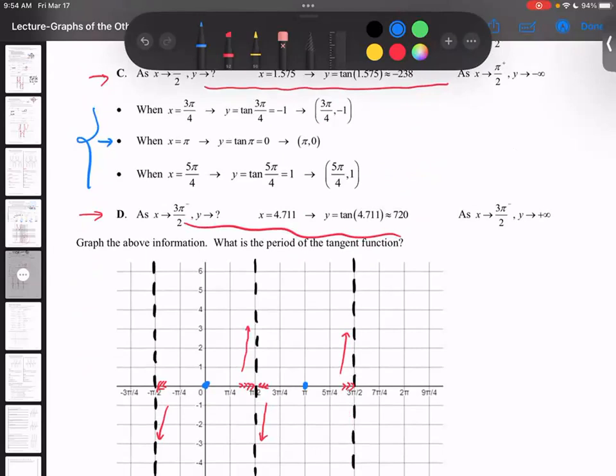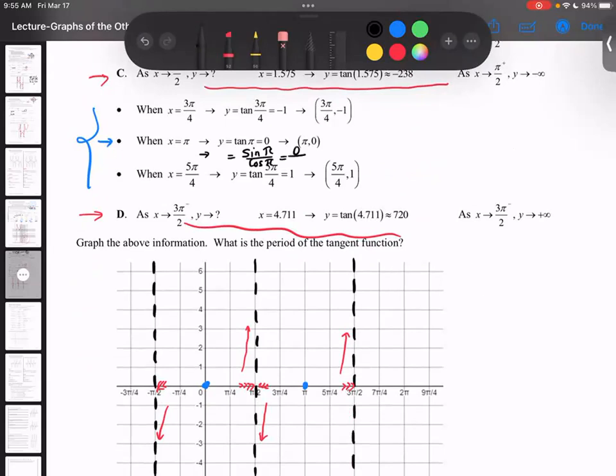Or you can plug it in like this. I'll show you another way of doing this. Sine pi divided by cosine of pi. You plug in pi for x. Sine pi is 0.